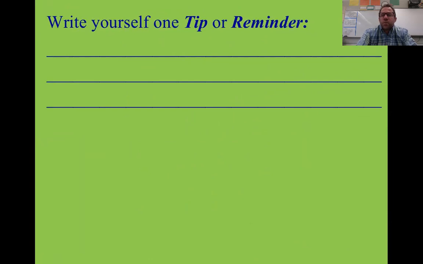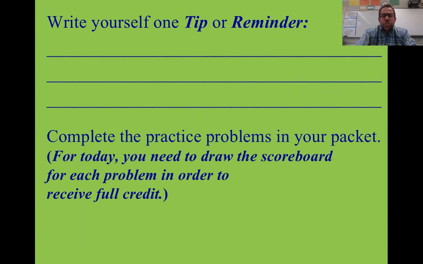Go ahead and write yourself a tip or reminder. So we went through positive and negative numbers multiplying and dividing. And then we also did positive and negatives where we're adding and subtracting. So go back through your notes and write yourself a tip. And then you have a handful, I think I put 9 practice problems.